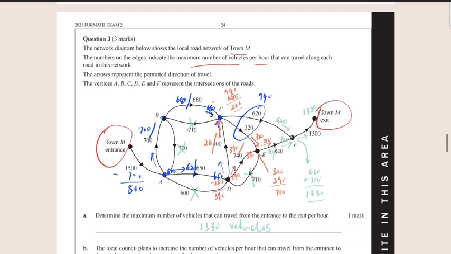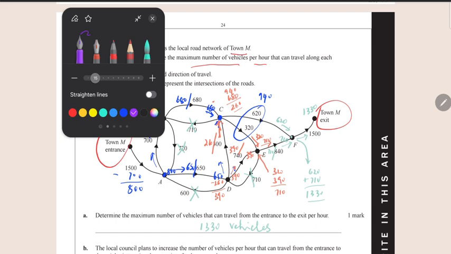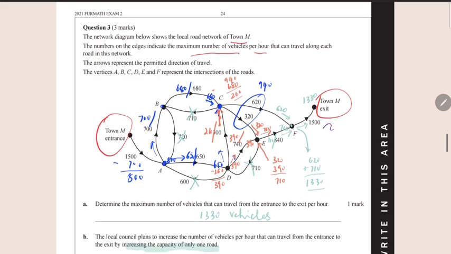Now let's look at the diagram carefully. We can see that we could still have accommodated a few more vehicles at this exit edge, so 1500 minus 1330 is 170.